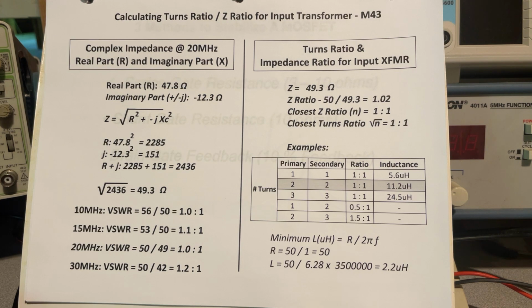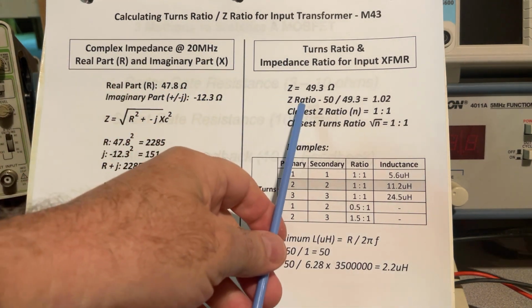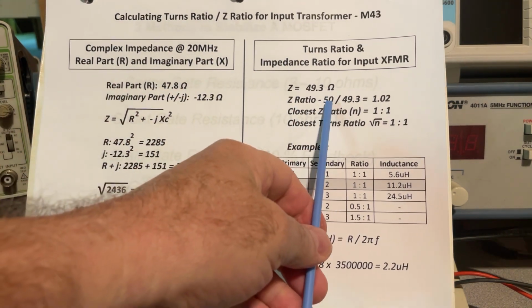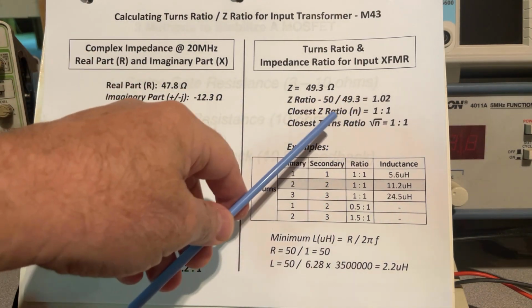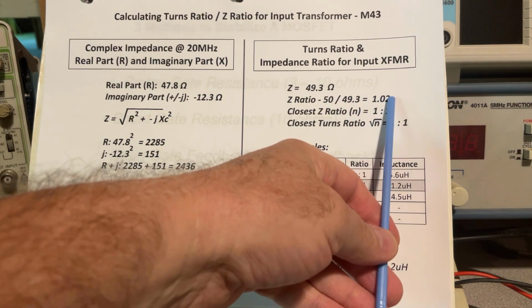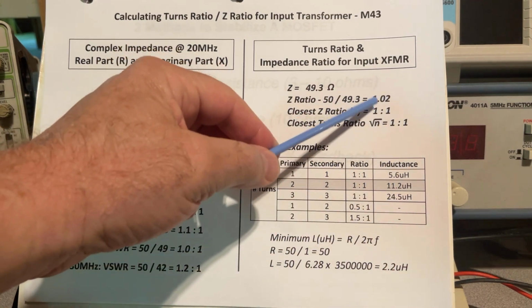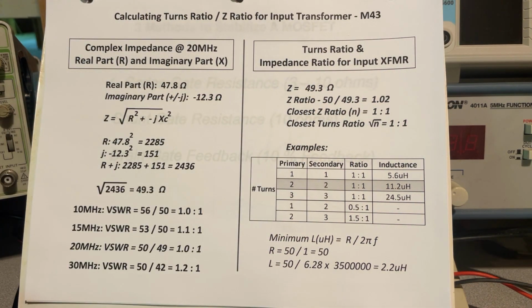So we're measuring the input impedance of the entire circuit, and that's what we need to do to have a proper match. So if we take the ratio, it's 50, which is the input from our transceiver, and the measured input impedance is 49.3 ohms. You can see the ratio is 1.02, so the closest ratio is going to be 1-to-1.